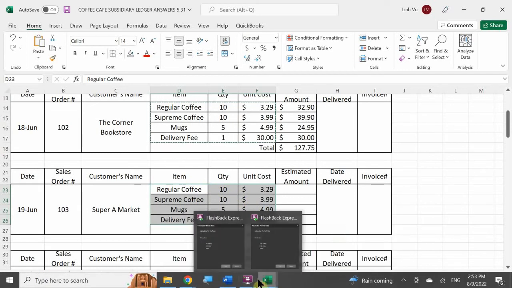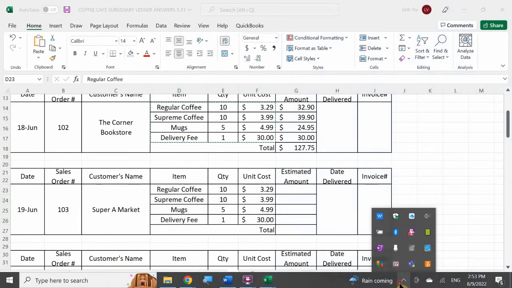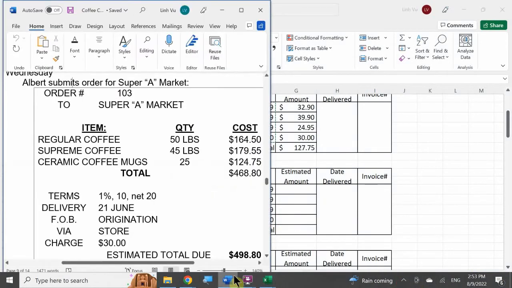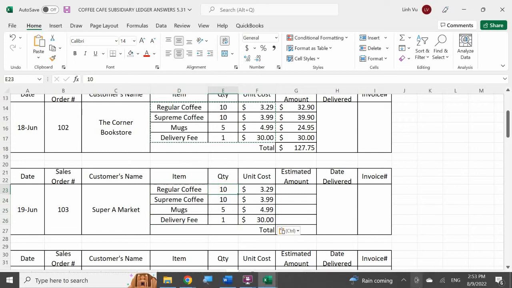So let's see how much of each one we're going to be doing. We're going to do 50 pounds of regular, 45 pounds of Supreme, 25 ceramic coffee mugs. So 50, 45, and 25, and one delivery fee.